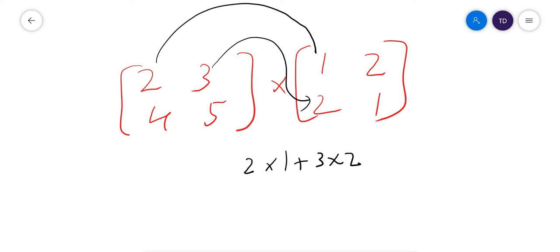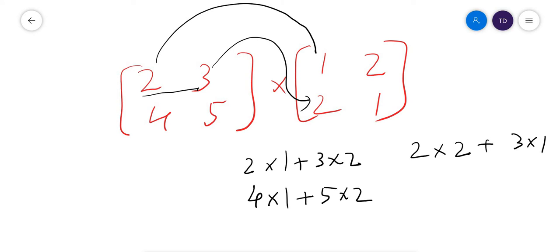Then the next one is first row and second column: 2 into 2 plus 3 into 1. Then second row and first column: 4 into 1 plus 5 into 2. Again, second row and second column: 4 into 2 plus 5 into 1.